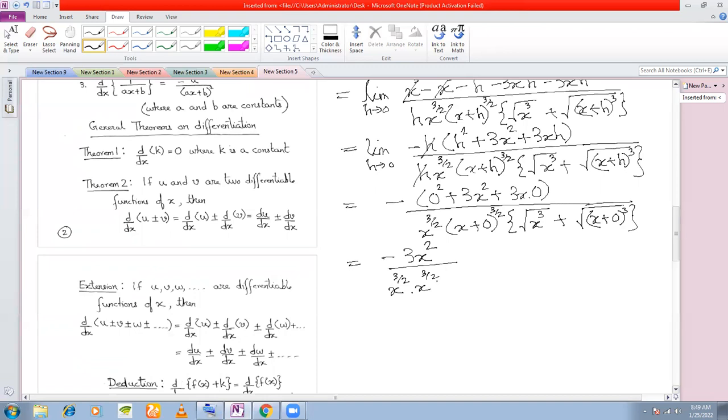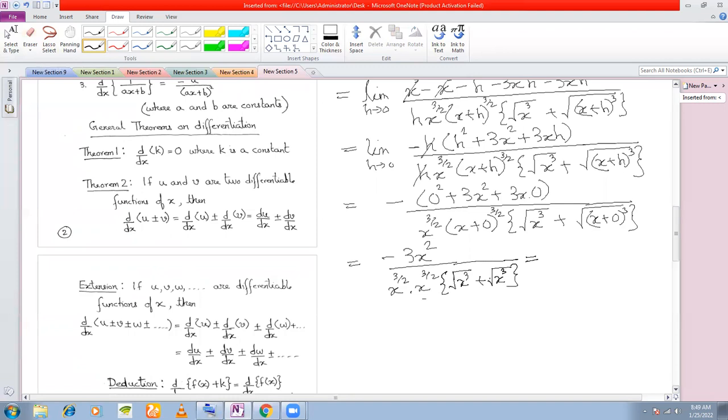And also you're going to get, sorry, this should be a bracket here, x to the power of 3/2 into x to the power of 3/2 into, this should be a bracket here, root x cube plus root x cube, right?